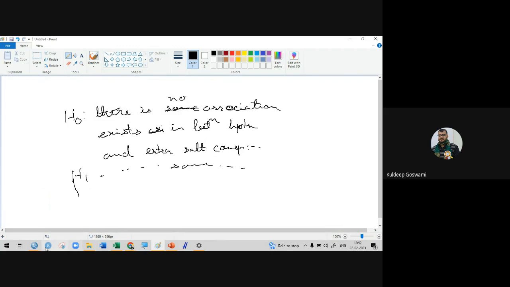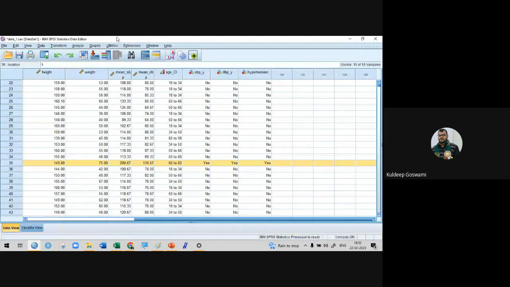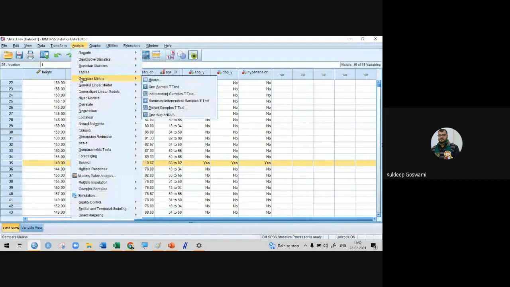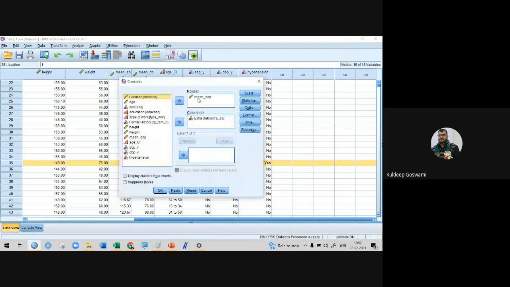So again, I will show you: Analyze, Descriptive Statistics, Crosstabs, and there are many things which you can use in a chi-square test. Depending upon your needs, you can construct some tables.